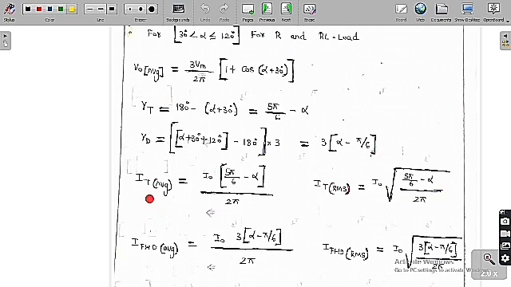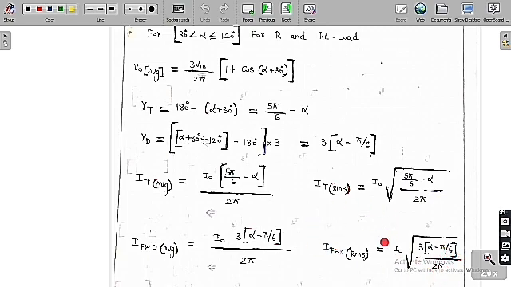So now if you want to find what is the IT average, IT average is equal to I naught into, it is conducting for this period, so (5 pi by 6 minus alpha) by 2 pi, and IT RMS is equal to I naught into under root of (5 pi by 6 minus alpha) by 2 pi. If you want to find the freewheeling diode average current, it is I naught into 3 into (alpha minus pi by 6) by 2 pi, and the freewheeling diode RMS value is equal to I naught into under root of 3 into (alpha minus pi by 6) by 2 pi.